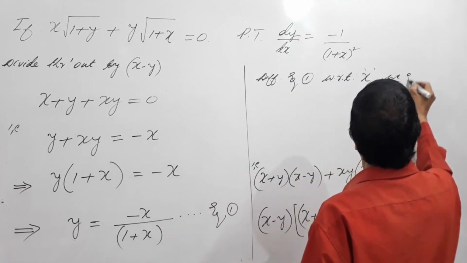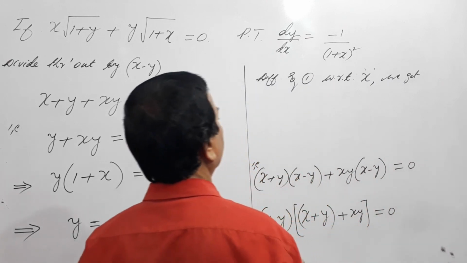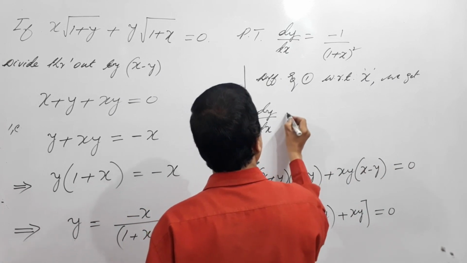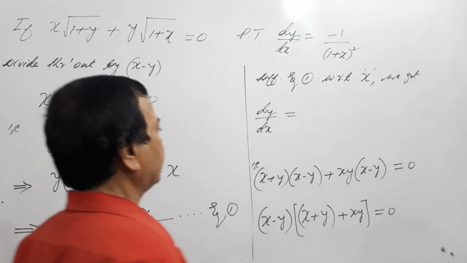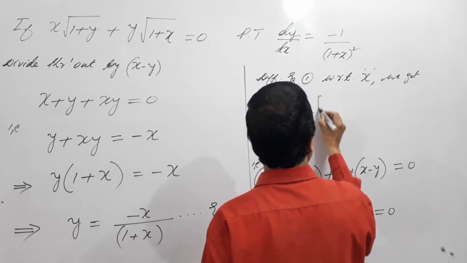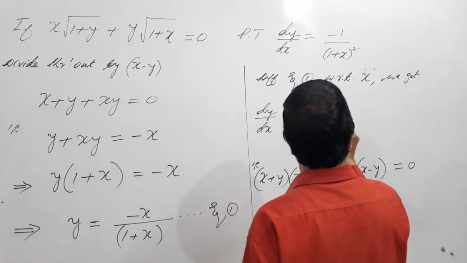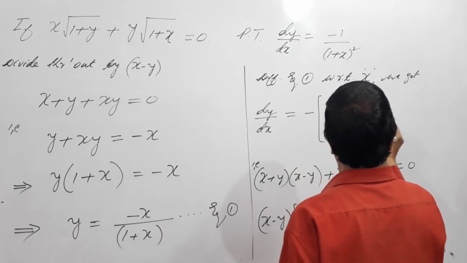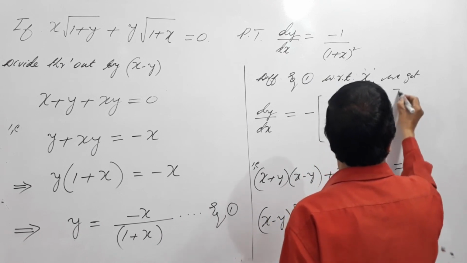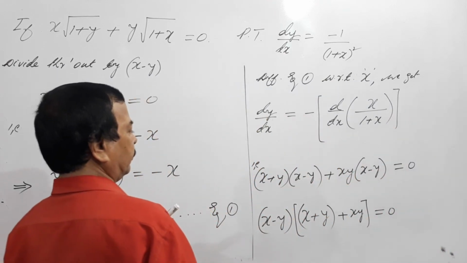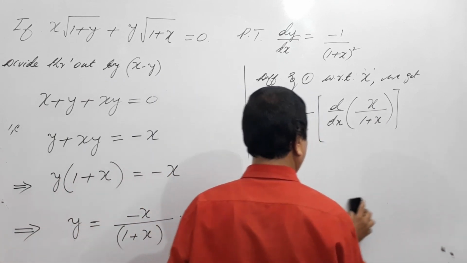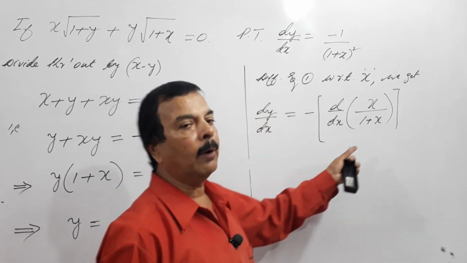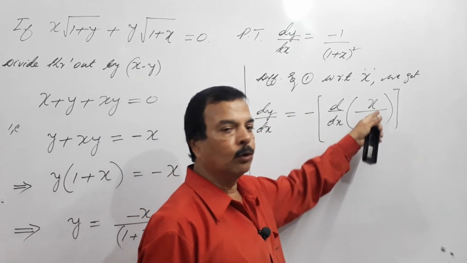We get what? dy by dx equals to, I take this minus sign outside, so this will be d by dx of x by 1 plus x. So now I'll use quotient rule because this is a u by v method.